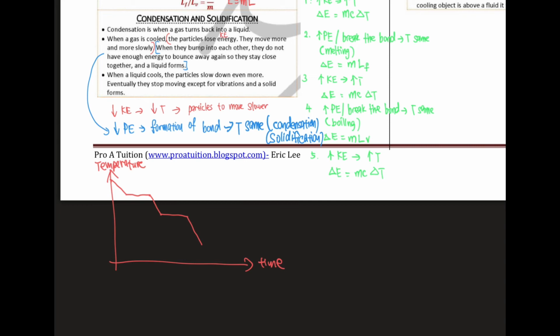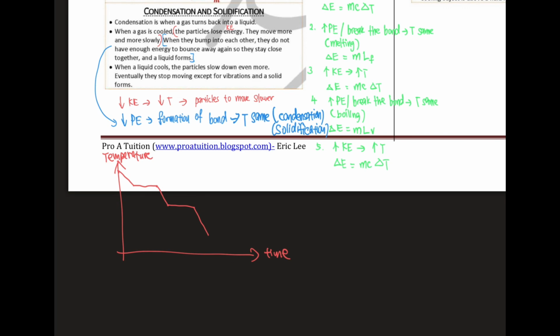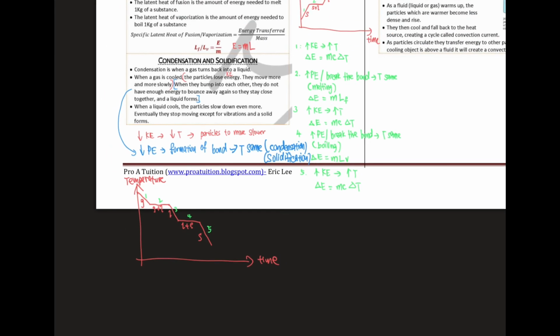So it is the other way around compared to the previous graph just now. If you compare with just now, this is gas, plus liquid, plus solid. So this is 1, 2, 3, 4, 5. We can put it in the same way but in opposite.